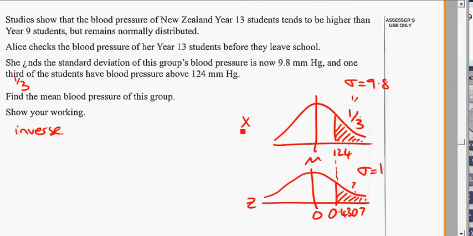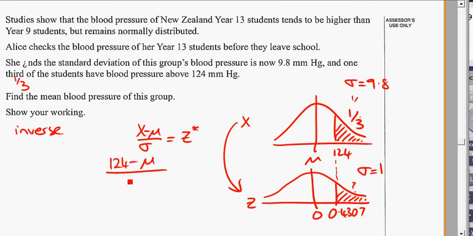The 124 has been transformed to 0.4307 using the formula, which will be on your formula sheet, on the z curve. So for x, on the x curve the number is 124, we don't know the mean, standard deviation, and the value on the z curve that 124 corresponds to is 0.4307.